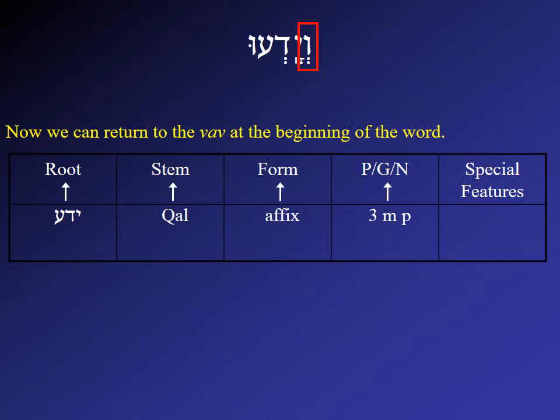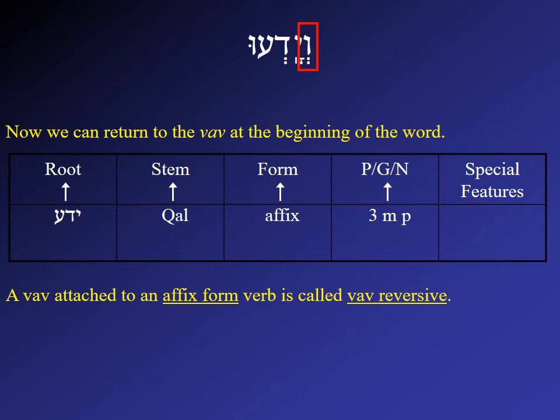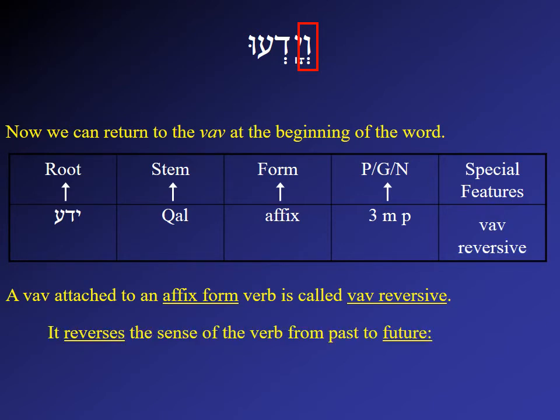Now, if we add our vav back to the beginning here, then what we have is called a vav reversive. Note that this is different than the vav conversive, which is vav patach added to a prefix form. This is vav and shva added to an affix form. So our special feature here is vav reversive.